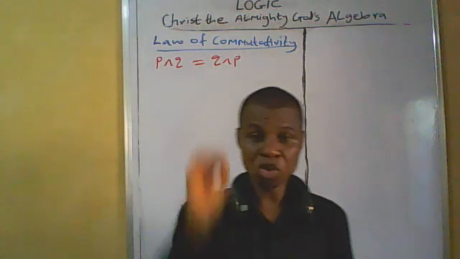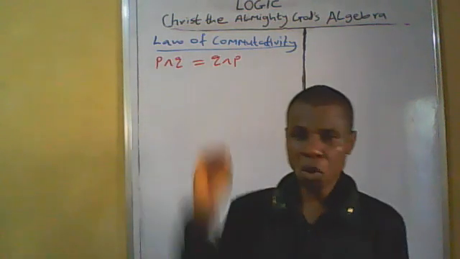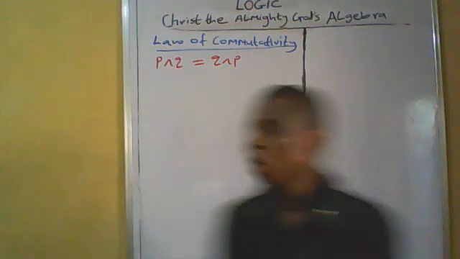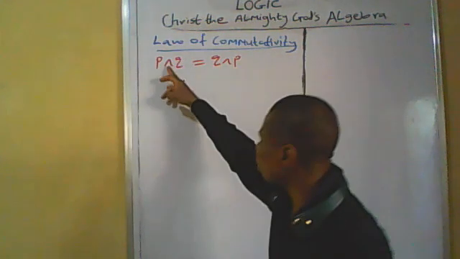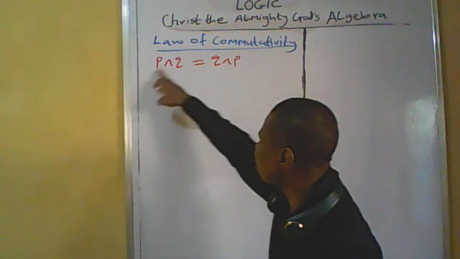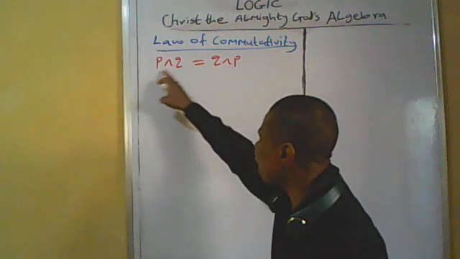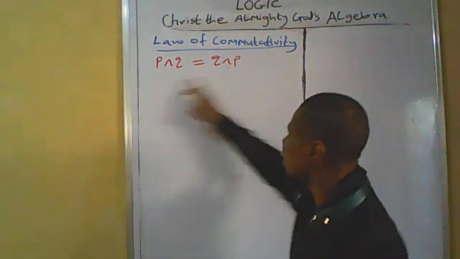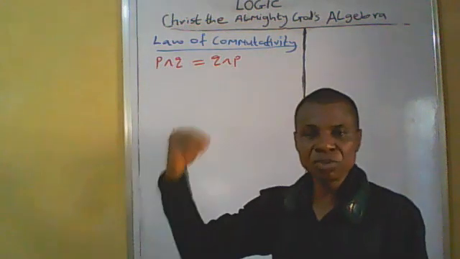Because of this AND connective that connects this P and Q, that's why it is law of commutativity by conjunctive statement.